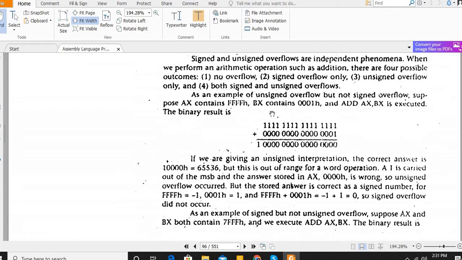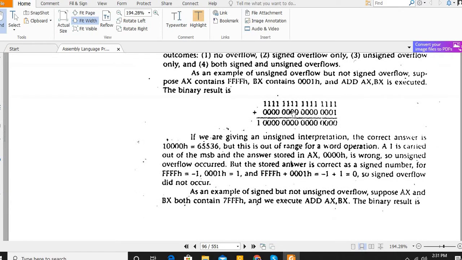Here you see an example where the AX register contains FFFFH and BX also contains a value. When we add those values, the correct answer is 10000H, which is 65536, and this is already overflowed, because our range for unsigned numbers was 0 to 65535, so it is out of range.